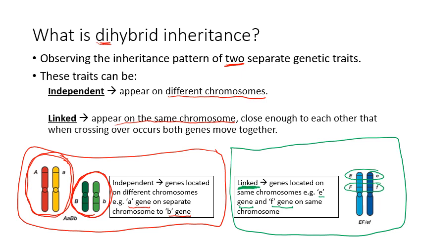So when these genes are passed on to future generations, during meiosis when gametes are produced, they are more than likely going to be inherited together because they are linked together on the same chromosome.